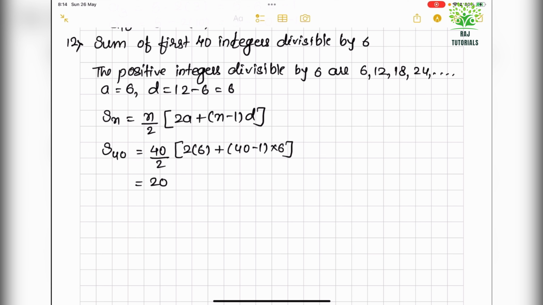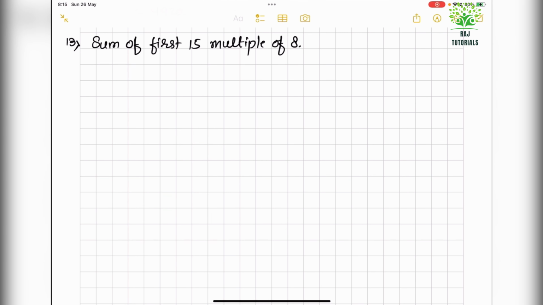So that will be 20 into 12 plus 39 into 6, which is 234. Now if I solve this, that is 20 into 246, so it will be 4920.